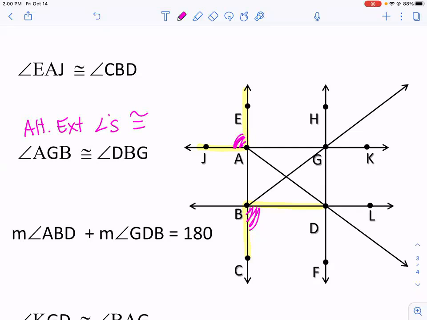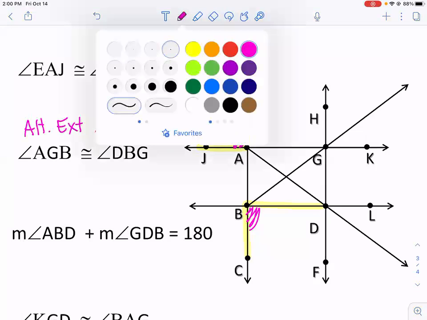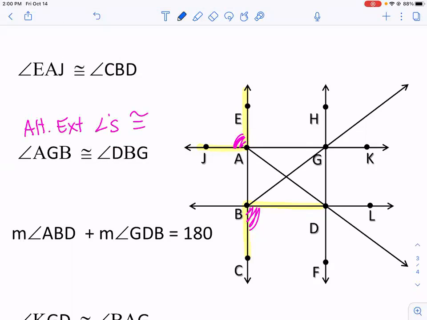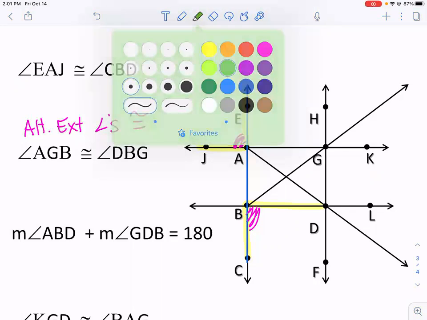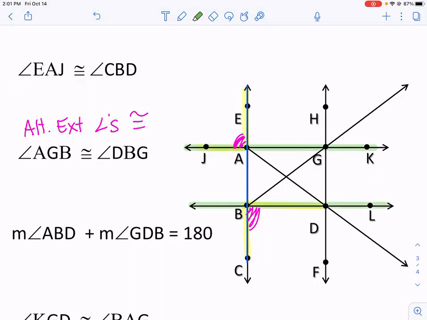Which lines are going to be parallel? What I have here in blue is our transversal because it's attached to both angles, which means what I'm going to highlight here in green, these two, are my parallel lines. Do you see that? We can name them a lot of different things. How about JK is parallel to BL? Is that okay?